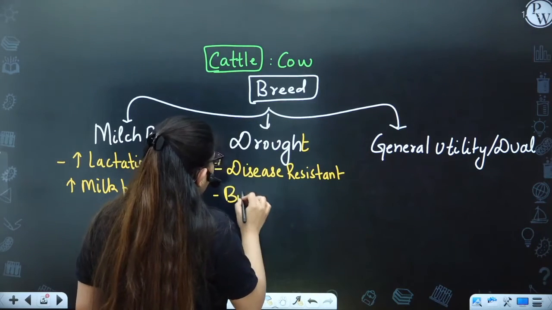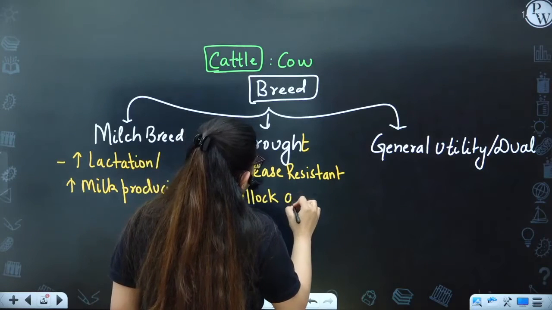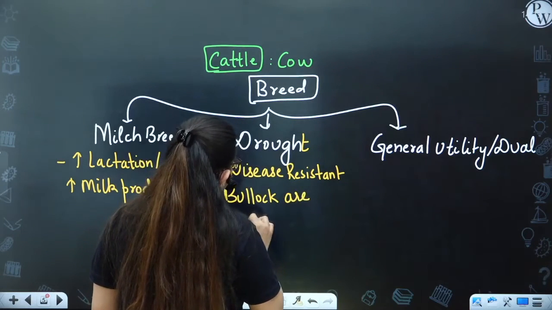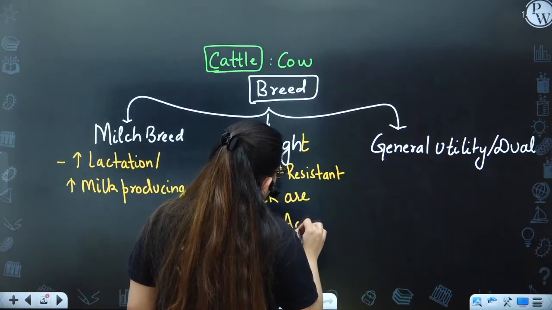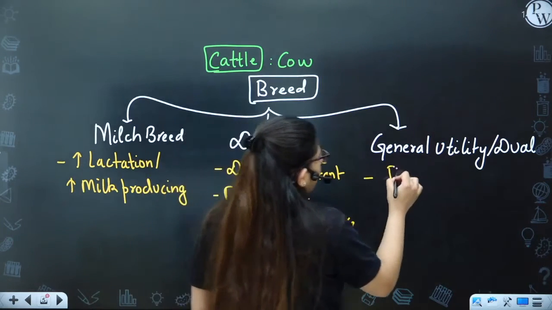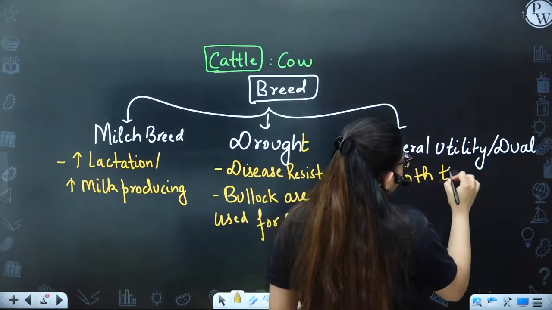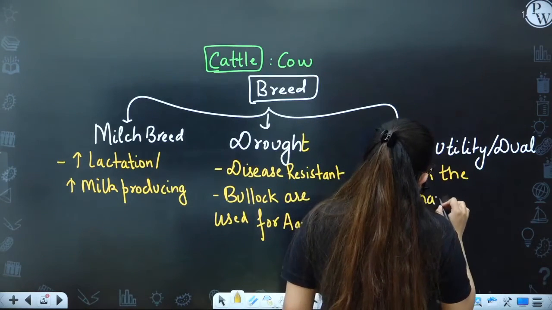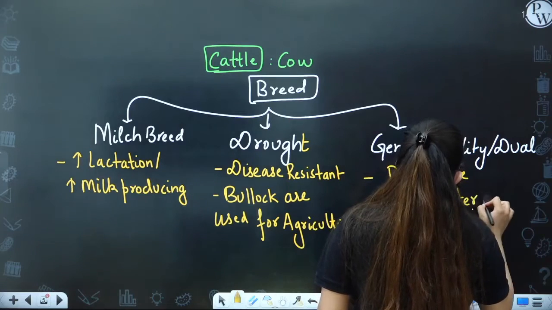Here the bullocks are used for agriculture. Whereas the general utility breeds have both characters.